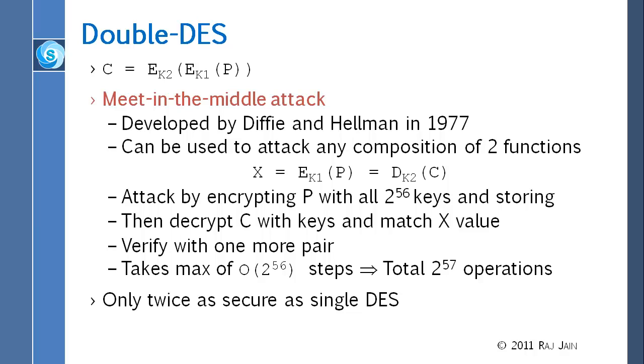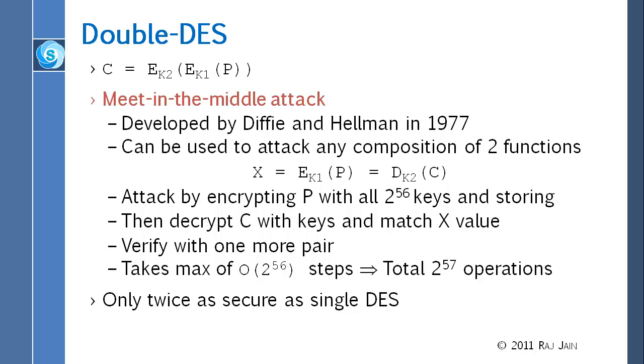And so what you can do is, if you know P and C, you can encrypt P with all 2^56 keys and make a table. And just basically they are trading off memory for computation. So rather than computing it every time, you just compute it first and store it in a table. The table is 2^56 long.